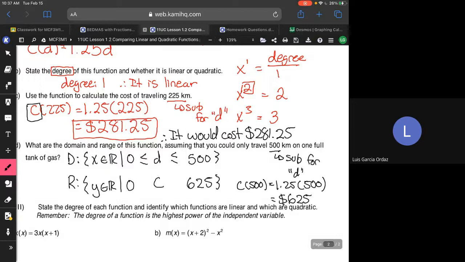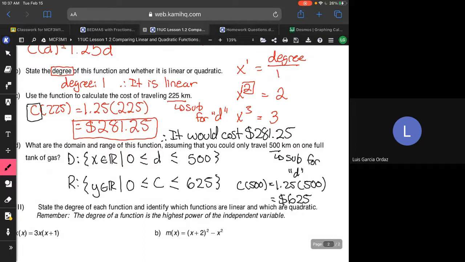So C has to be bigger than or equal to 0, but less than or equal to the value of $625. Does everyone understand that? You can come ask me after or watch the video again.